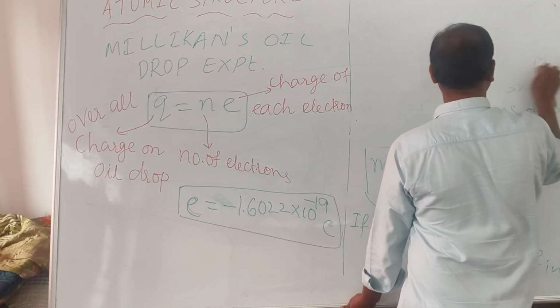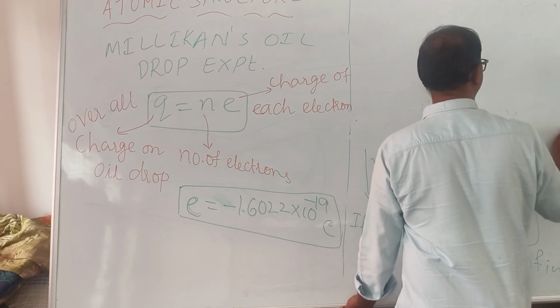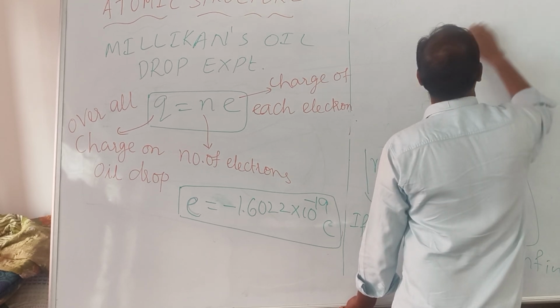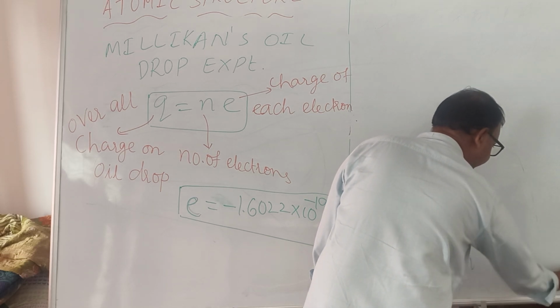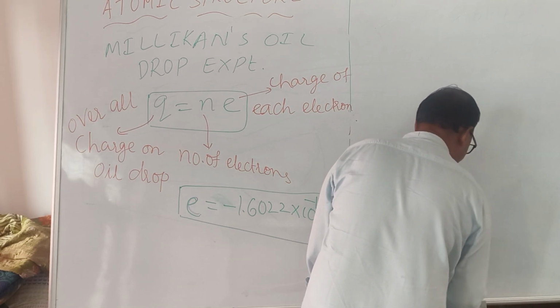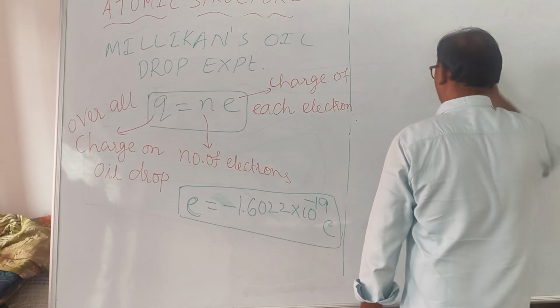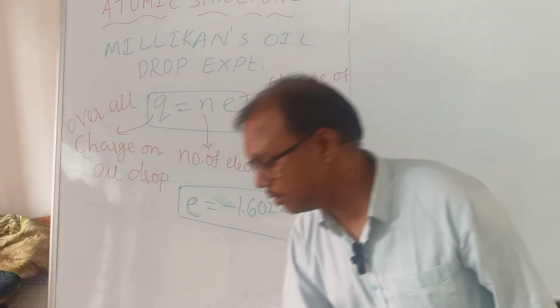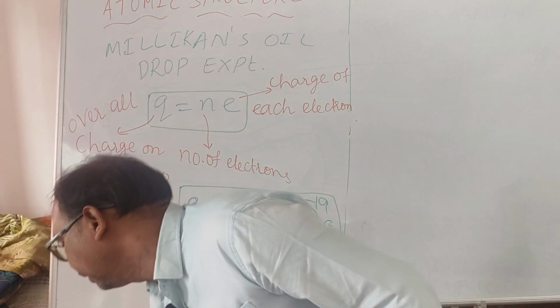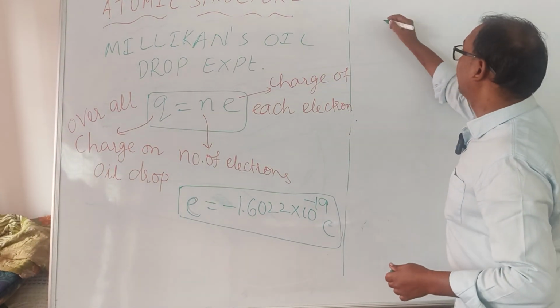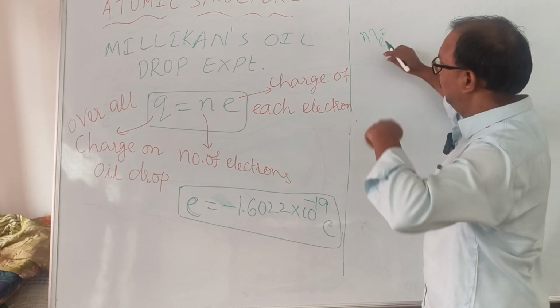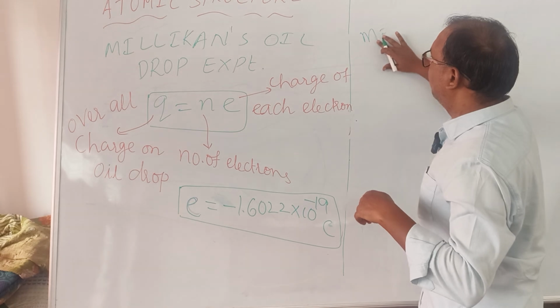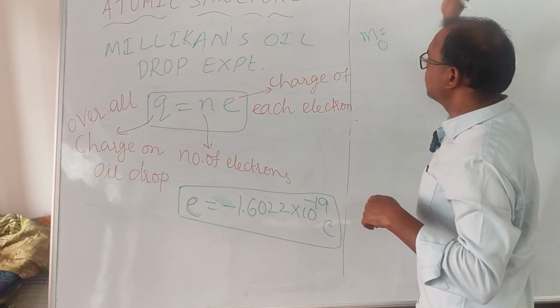Yes, by using this, what can we do? We can determine the mass of an electron. Mass of the electron, how much? Let us see that. Therefore, the mass of the electron, most probably the rest mass of the electron.